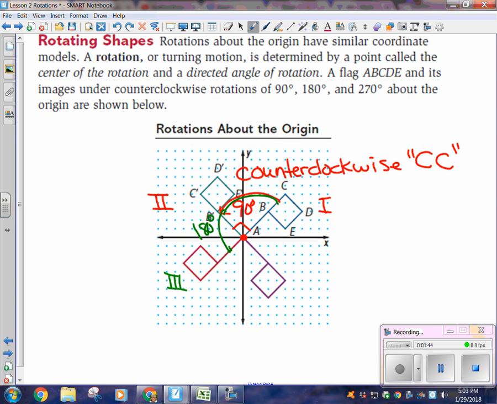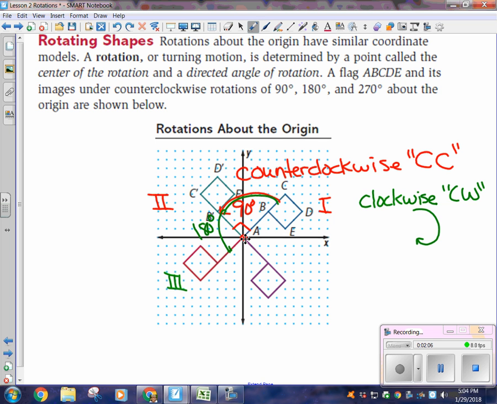Notice I didn't say 180 degrees clockwise, or counterclockwise either, which leads me to note that clockwise is another way to describe it. Clockwise would be abbreviated CW. If you go clockwise, you're going around to the right, much the way the hands of a clock move.